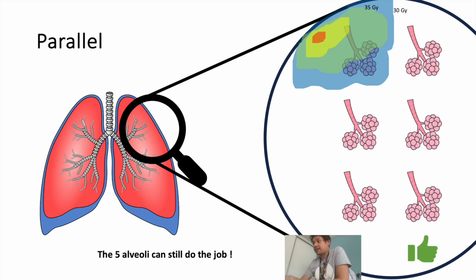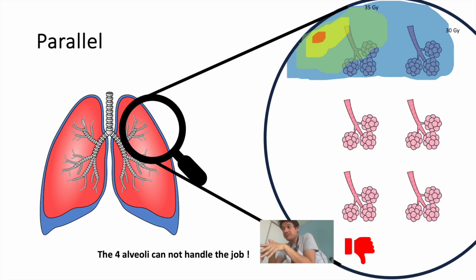And you can see that the 30 gray line is hitting one cluster of alveoli, but the others are spared and they can still do the job. So this is just a classical example of a parallel organ. So the 5 alveoli can still do the job even without the one that is inside the treatment field, so inside the 30 gray isodose.